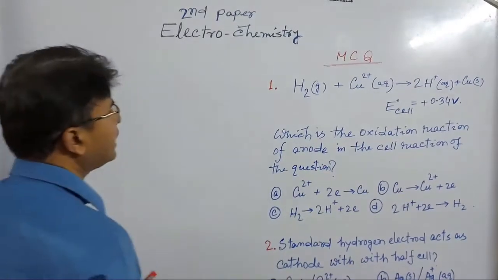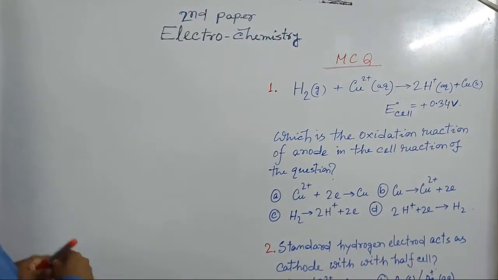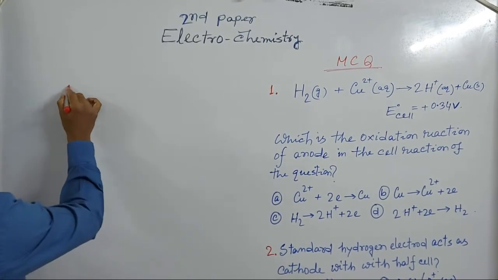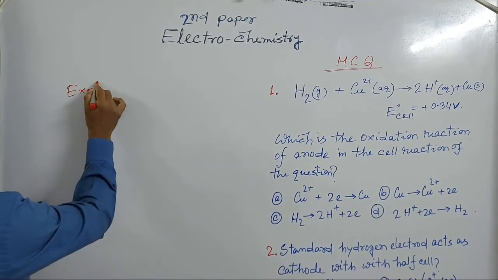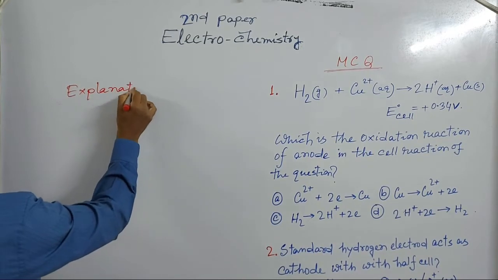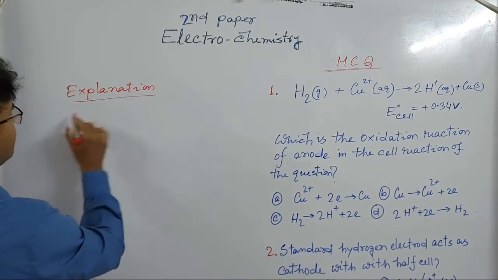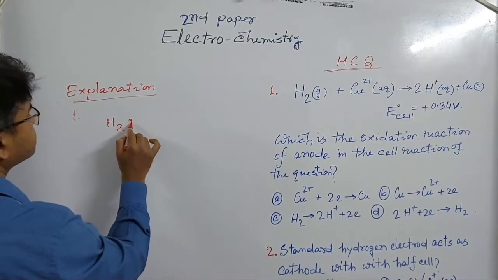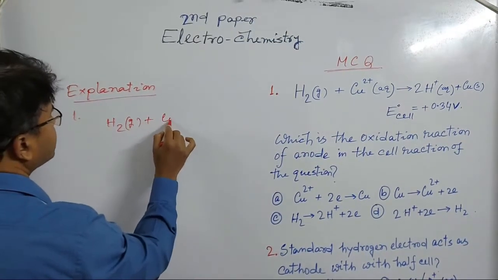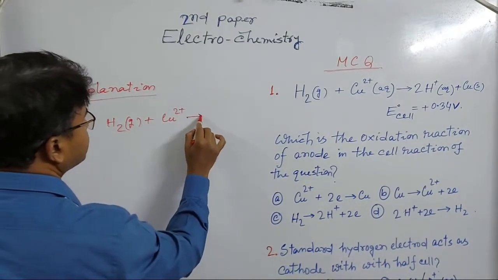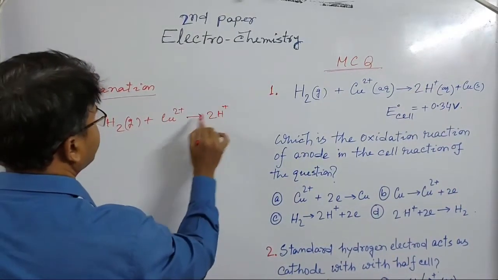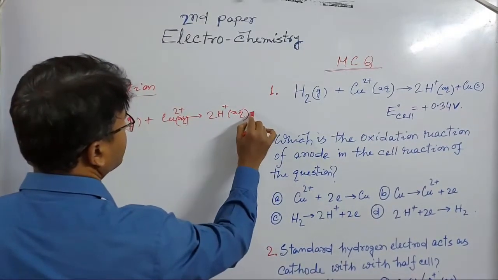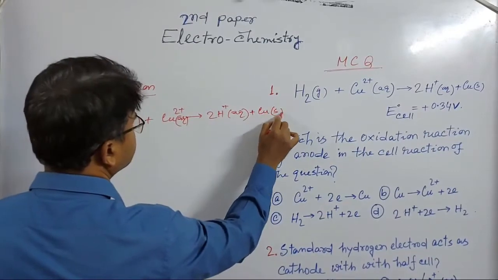Dear learners, now I would like to explain the question first. Hydrogen reacts with copper 2 plus ion to produce H plus and copper solid.